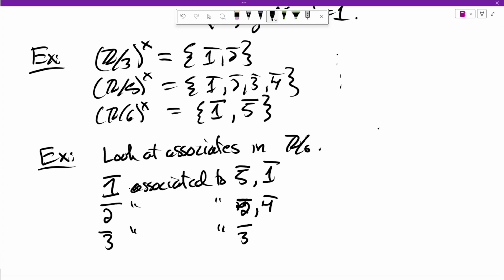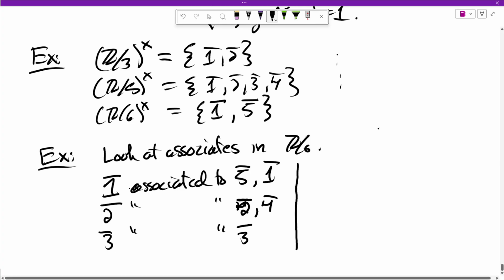So it's just associated to itself. And 4 should be associated to 2 and itself again. In fact, 5 times 4 is 20, which mod 6 is 2. And lastly, 5 is just going to be associated to 1 and 5. Those are some examples of computing associates.